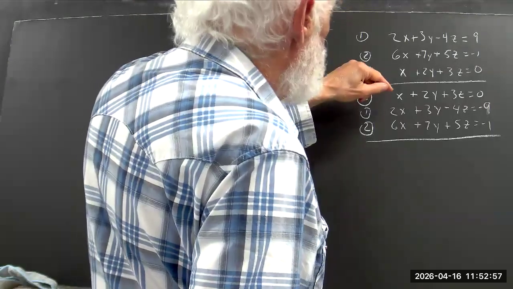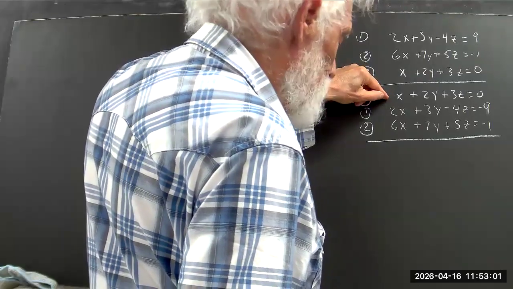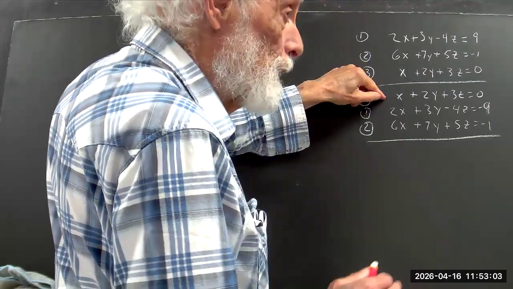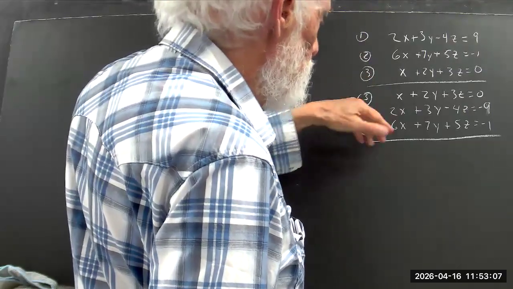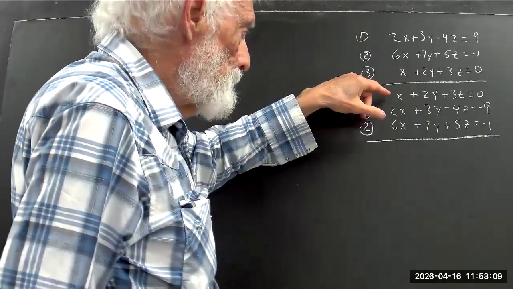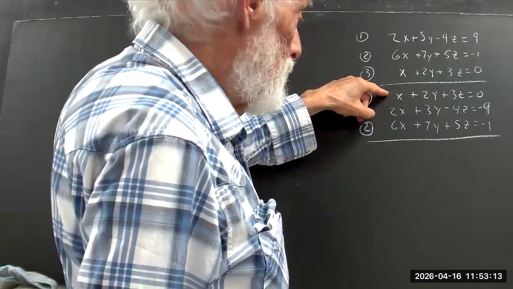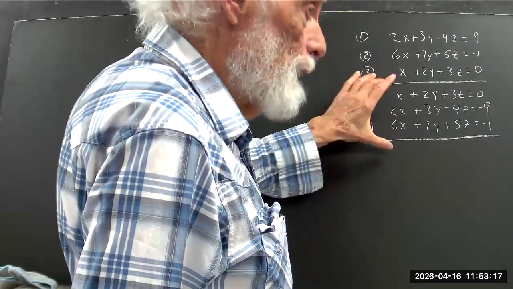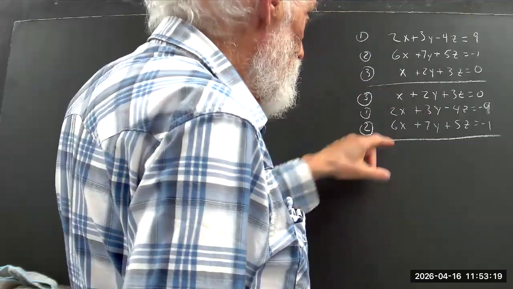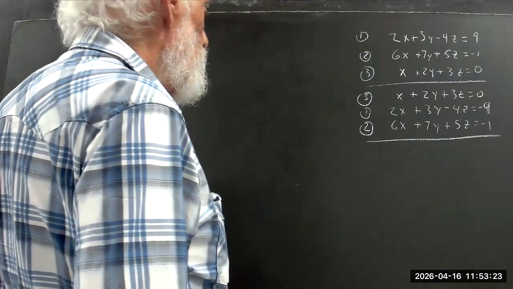Then I could add -6 times the first row to the third row in my new system. So -6 times x would be -6x, and I add that to the 6x in the third equation of my new system. It's going to give us 0.